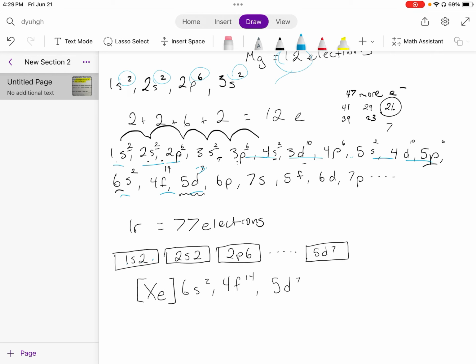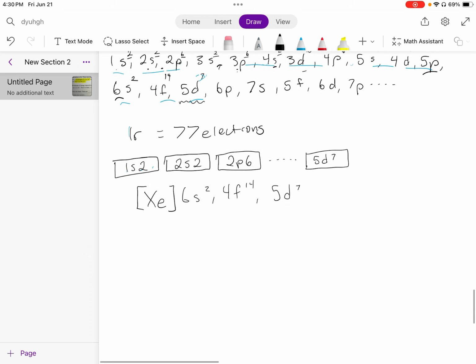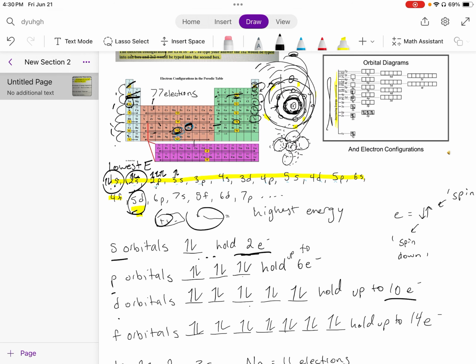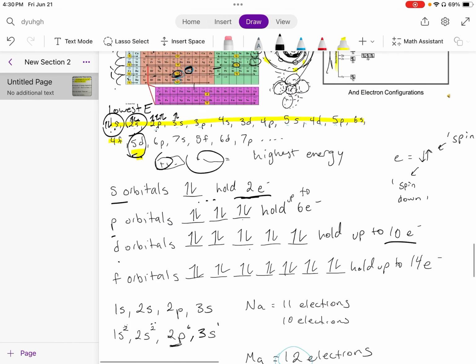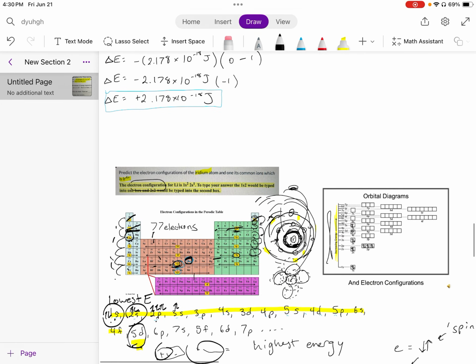Now, the next part of your question is asking for the electron configuration for iridium 4+. What does this 4+ mean? That means we took our neutral iridium and I need to bring up a periodic table to see how many valence electrons it has.